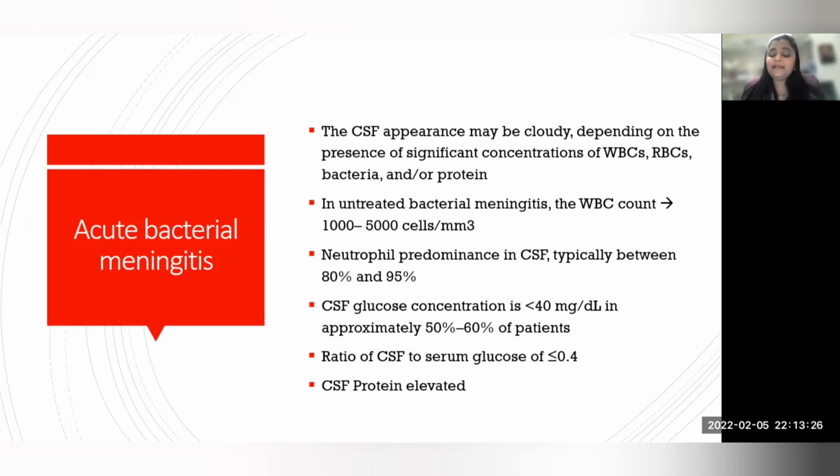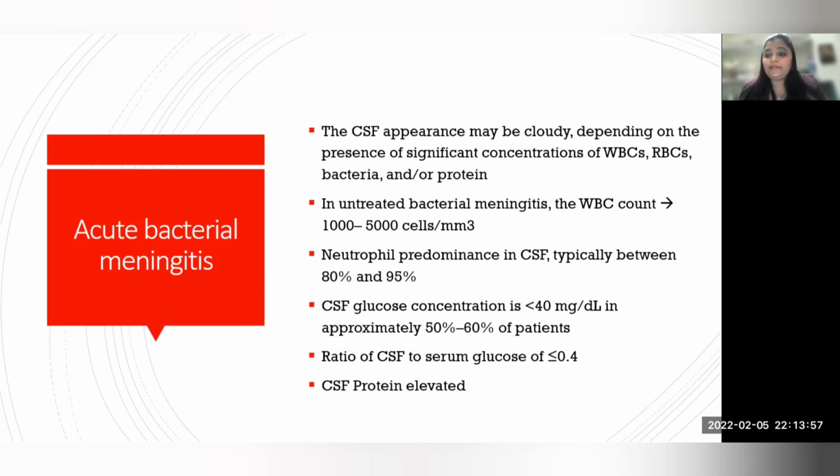CSF glucose is usually less than 40, but this has variability, so it is necessary to look at the corresponding blood glucose as well. The ratio of CSF to serum glucose is generally less than or equal to 0.4 in bacterial meningitis, and the CSF protein is elevated, usually in the range of hundreds.